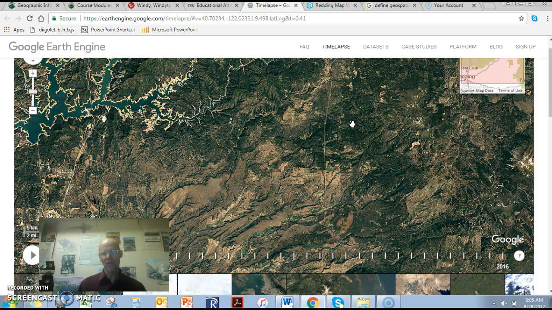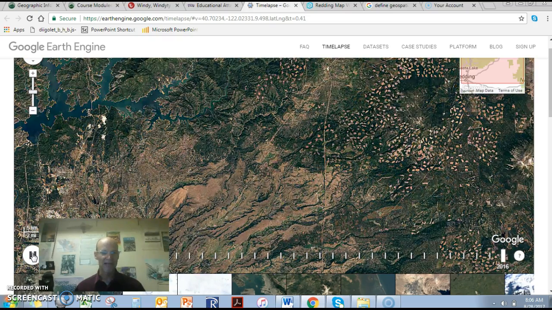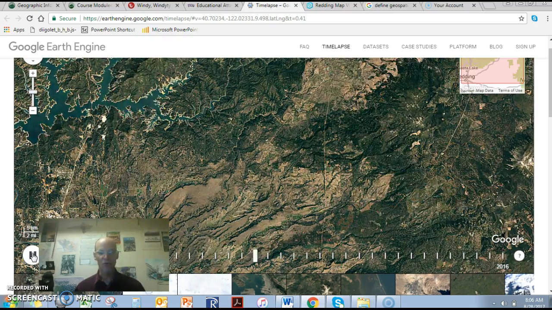Of course, there's so much imagery available today, and Google Earth is something most folks are familiar with. A recent utility that was put together using Google Earth imagery is designed to show changes through time. And so here we are, Shasta Lake, and we're just going to run this from 84 all the way to the present.